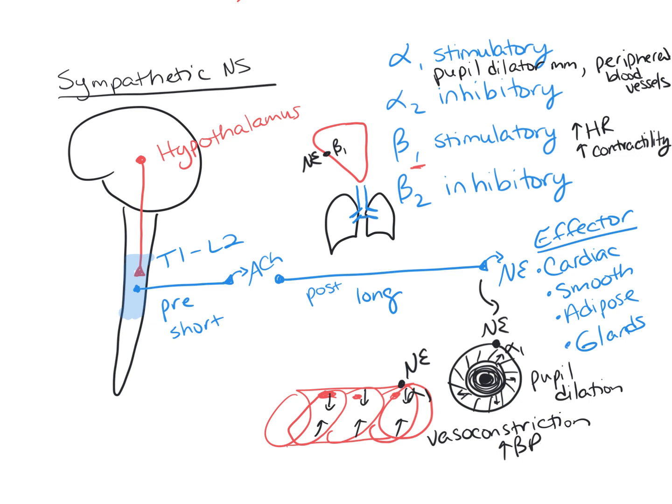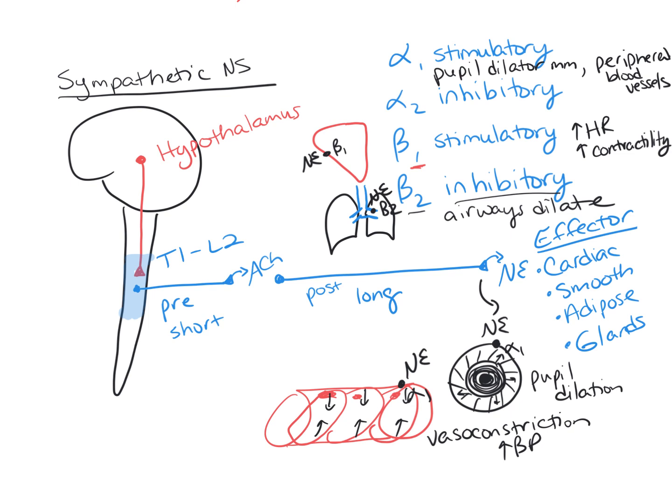So there's a beta-2 receptor on those airways, and if norepinephrine binds to those beta-2 receptors, the smooth muscle that lines those airways will relax, because beta-2 is inhibitory. So if they relax, what's going to happen to those airways? Those airways will dilate. So your airways dilate, and that allows more air down into your lungs.